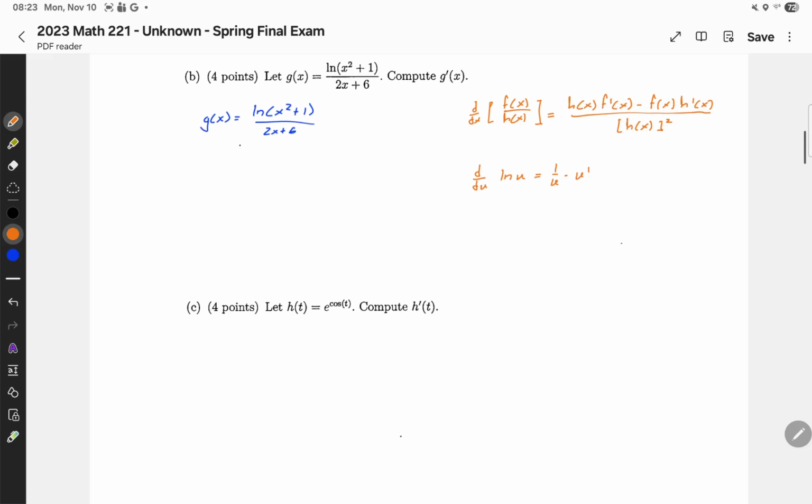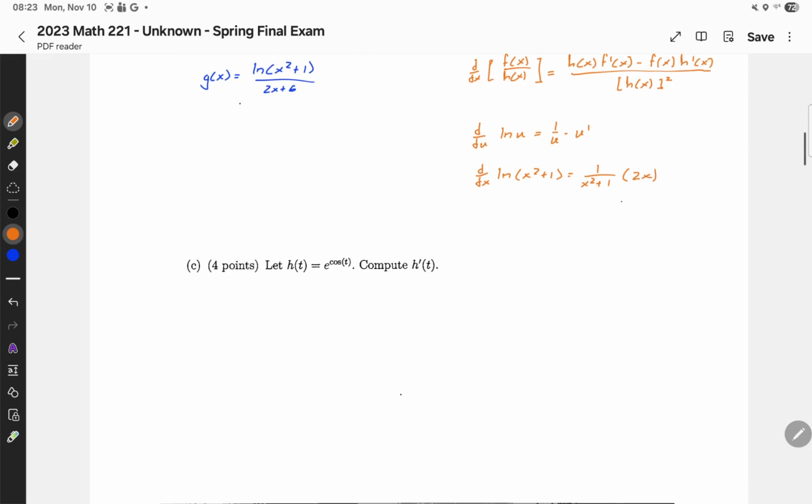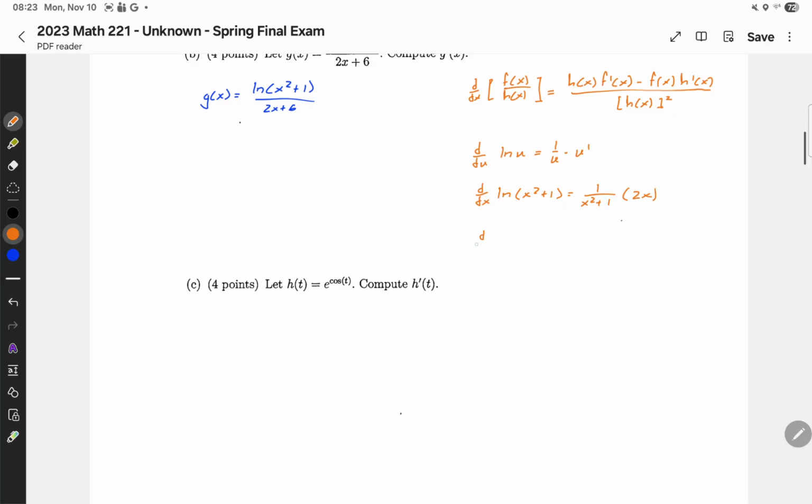So if we take the derivative with respect to x of the natural log of (x squared plus 1), this is going to be 1 over (x squared plus 1) times 2x, right? The derivative of x squared is 2x. And also, we can write it out for thoroughness. The derivative of 2x plus 6, that's just going to be some basic power rule. That's just going to be 2, right?